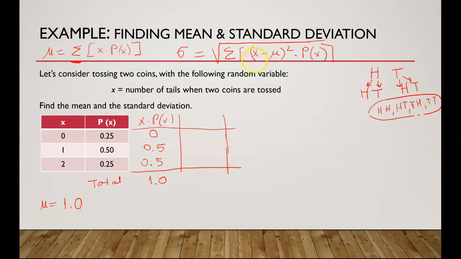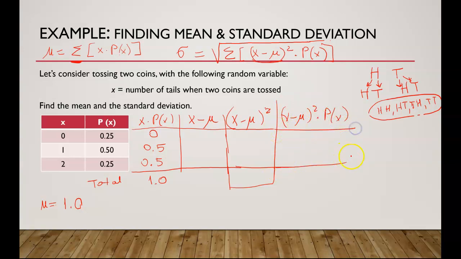First, we need to find each difference between the value of the random variable and the mean. So we would call this column x minus mu. Then we'll need to square each value, x minus mu squared. And then we would multiply x minus mu squared times P of x. And then find the total.